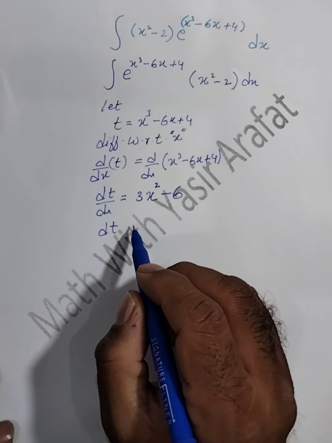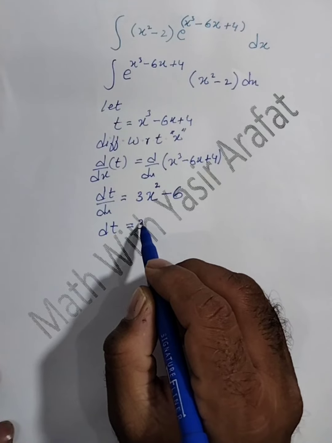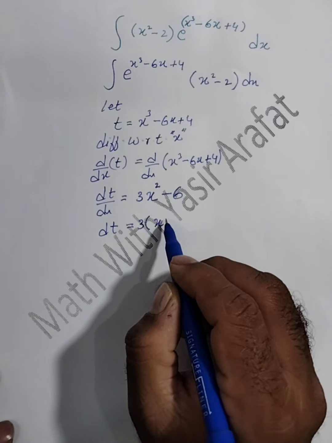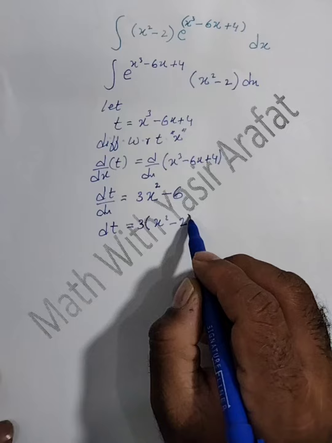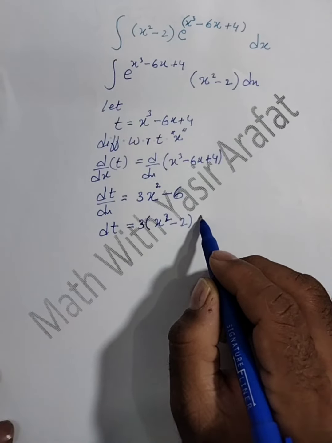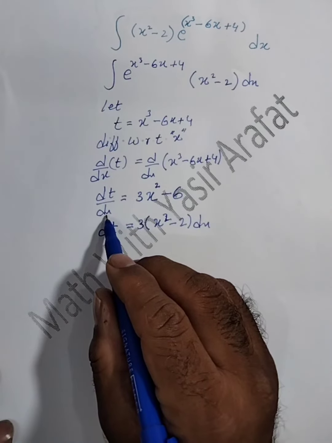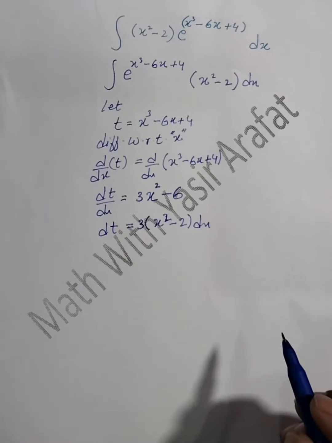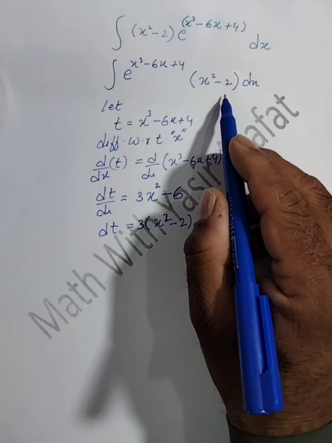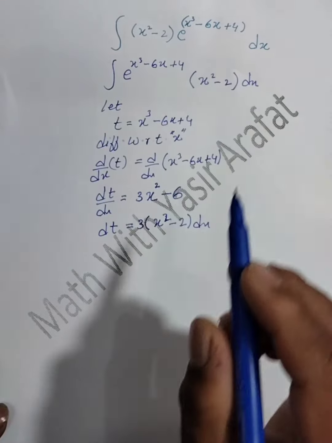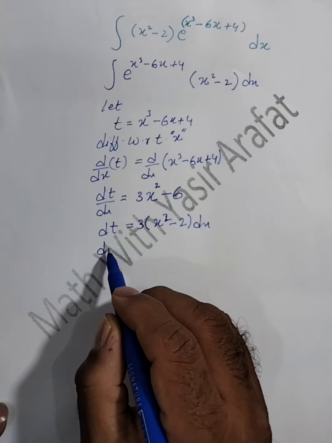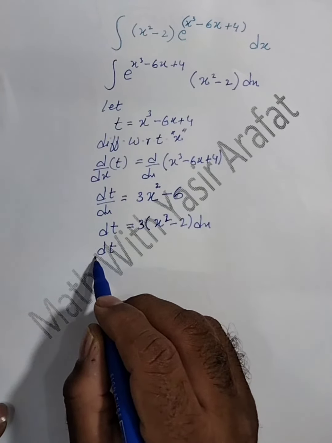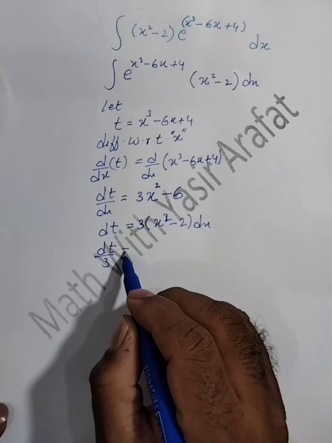So we take 3 common here: 3(x² − 2) dx. This dx we have to shift here. Now this is (x² − 2) dx, this is its derivative. Constants can be transferred, so we shift this constant 3 to the left-hand side.